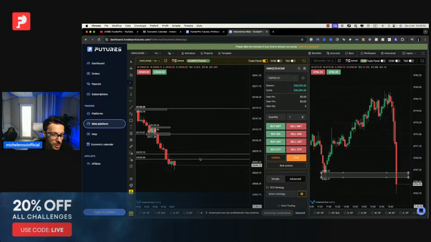Two minutes for the 15-minute orb. So again, we're starting to create some consolidation at 25.50.